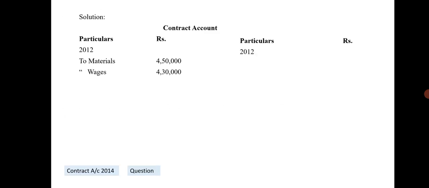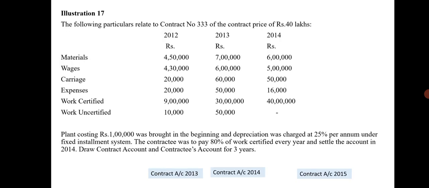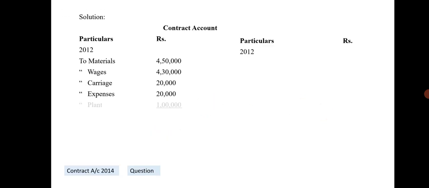So you can see to materials 4 lakh 50, to wages 4 lakh 30, to carriage 20,000, to expenses 20,000. I have brought down all the expenses. Then in the question it is mentioned that there is plant costing 1 lakh. What we have said regarding the plant is that we have to write the opening value and closing value. The opening value must be in the debit side, plant 1 lakh. Other than that, nothing is there in the debit side.